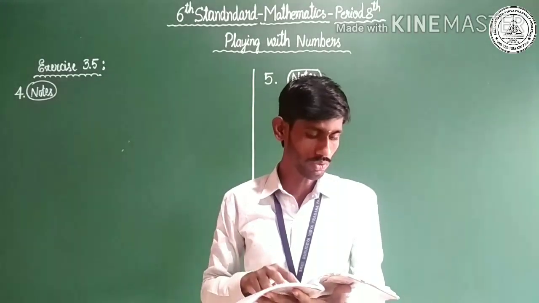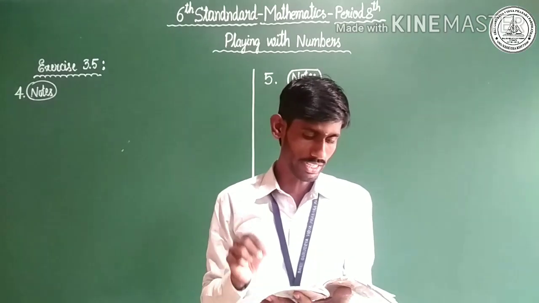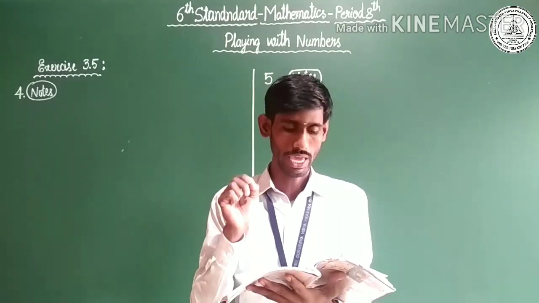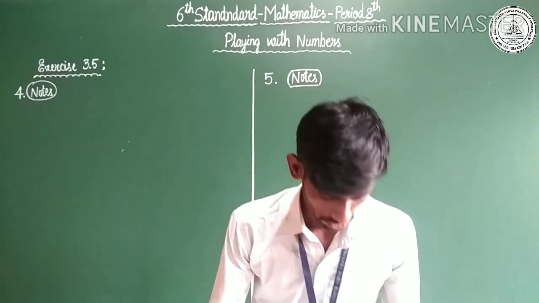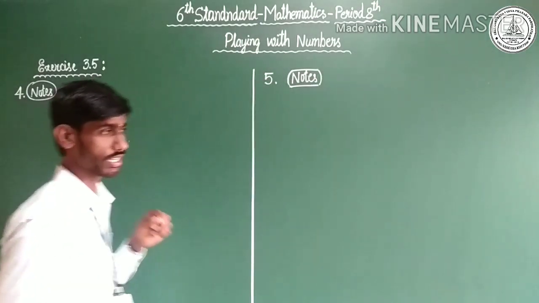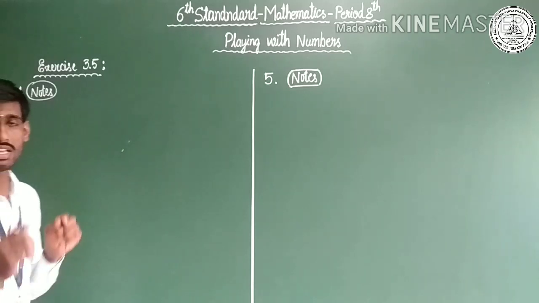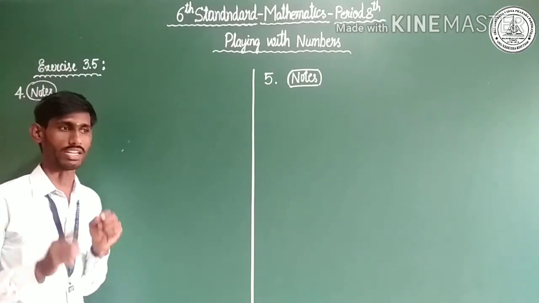Page number 62. Write the greatest 4-digit number and express it in terms of its prime factors. Which is the greatest 4-digit number? The greatest 4-digit number is 9999.